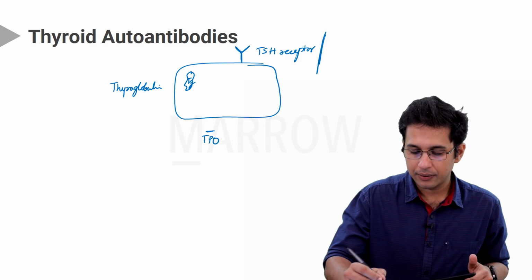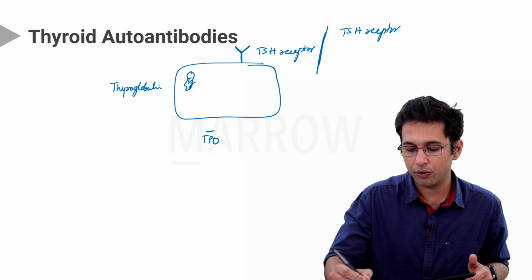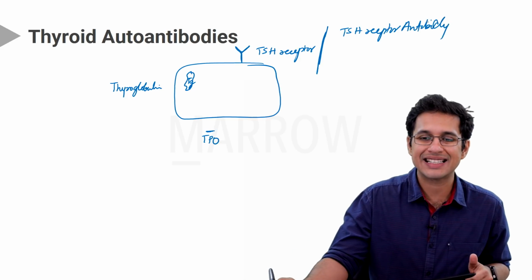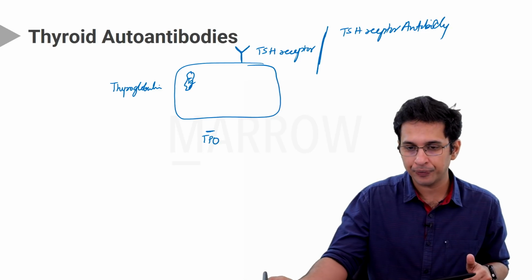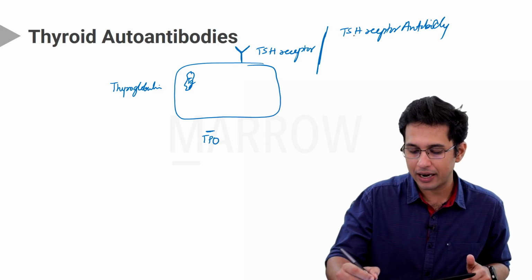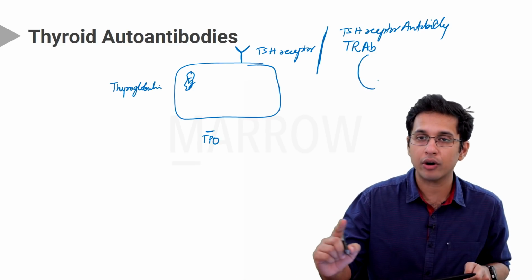This antibody is the TSH receptor antibody. We also like to call it TRAB or thyrotropin receptor antibody. You need to kind of get this into your head. These are the TRAB antibodies. The TRAB antibodies can be stimulatory or inhibitory.